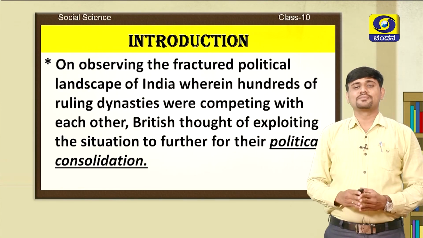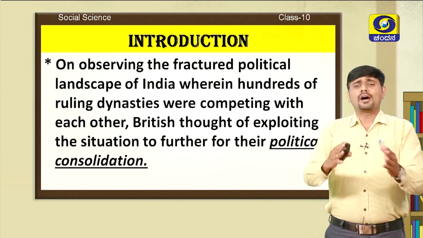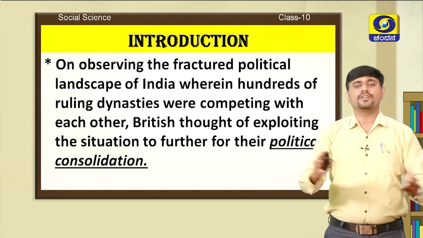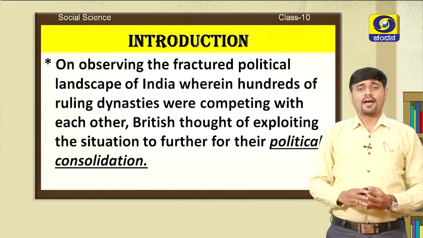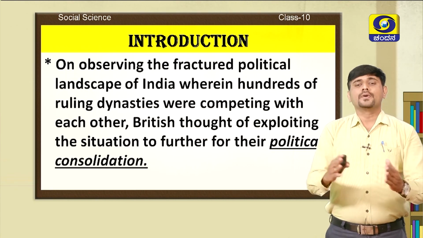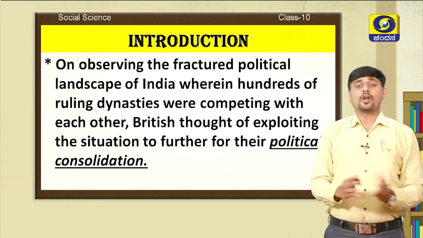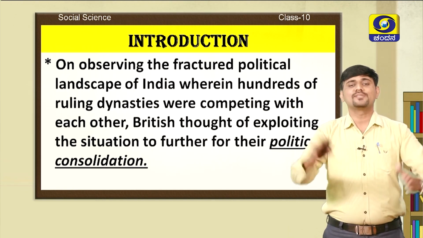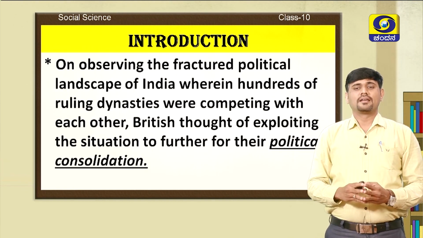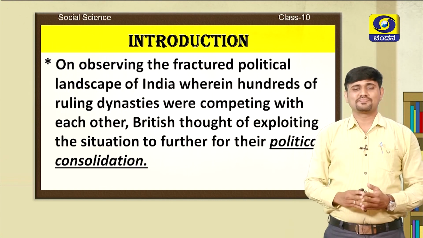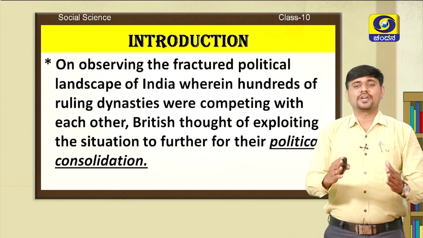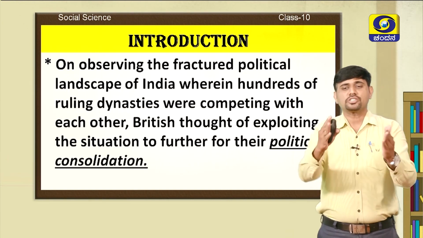My dear students, India was scattered into a number of provincial states, and the Indian native rulers did not have coordination among themselves. They were competing with each other, and this situation was exploited by the British government.